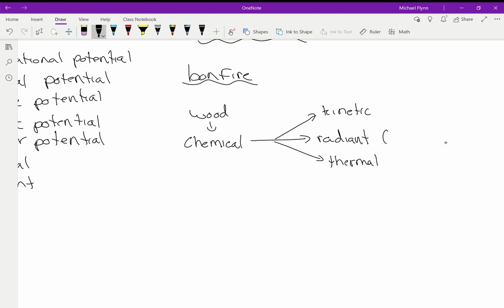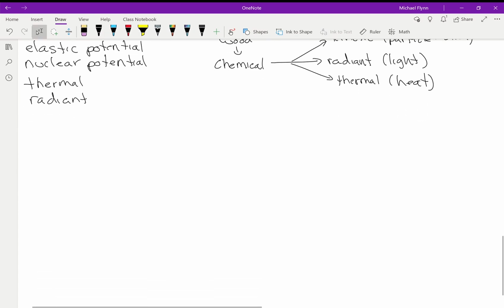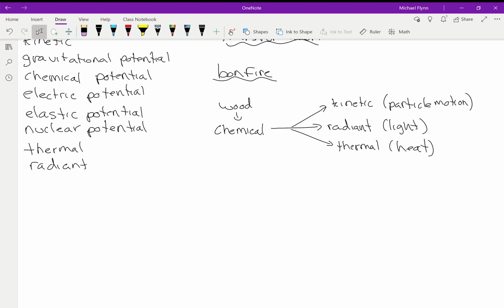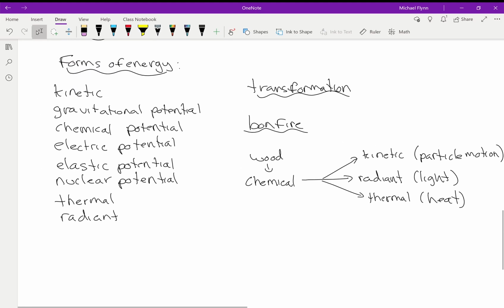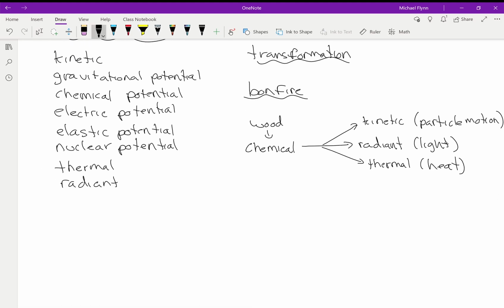So here this is light, this is heat, and this one here is particle motion, I guess I should say. So sometimes little cinders and stuff come flying out of the fire. Okay? So that's it. That's an energy transformation equation. I didn't want you to get confused by this.